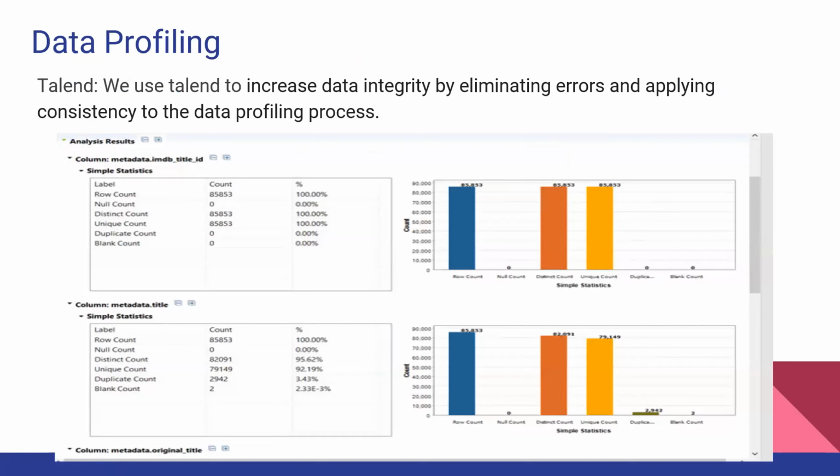All right, so we did some data profiling by using Talend. Why do we need Talend here? First of all, all the data which we get is not always clean and consistent. We have some formatting issues, like if you have multiple date columns, then the format might not be the same.